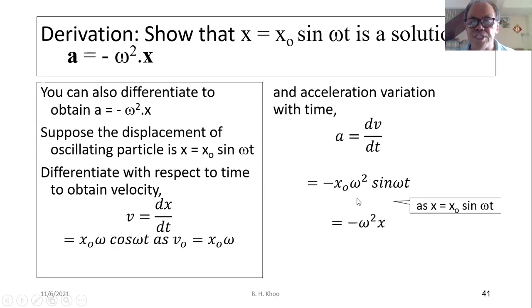That's why we get this equation. Then we replace x naught sine omega t as your x inside here. We still get omega squared, so we have got the original equation back. So we have shown it, that's all. As long as you can understand the maths, go back and study yourself. We don't have time to wait for you.